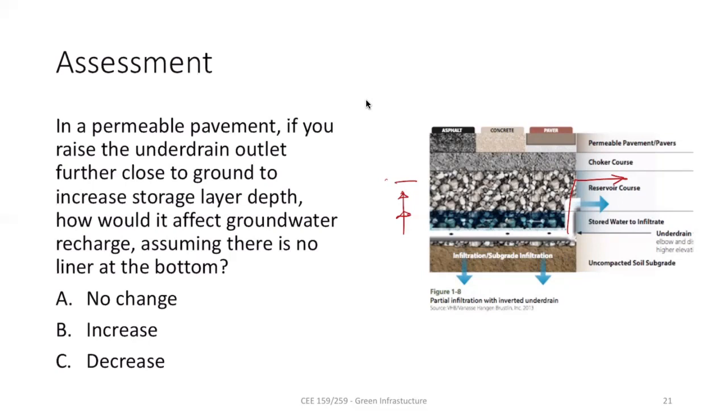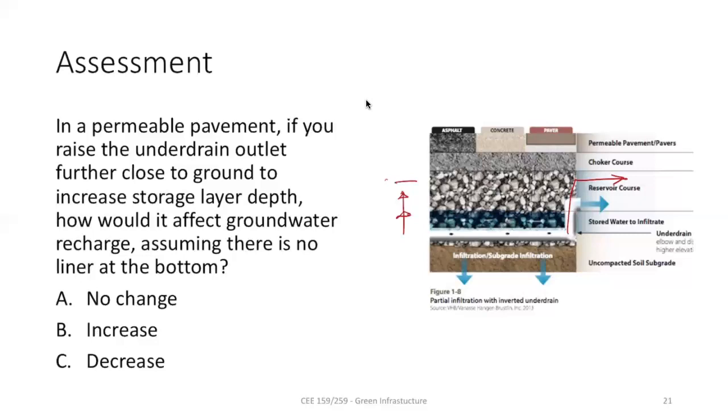If you raise the outlet, it increases the height of that water ponding. So if you have a pond with more water in it, would it push the water down faster or slower? That's a way to think about it. Infiltration into ground is driven by Darcy's law.